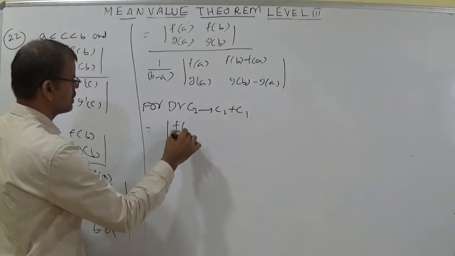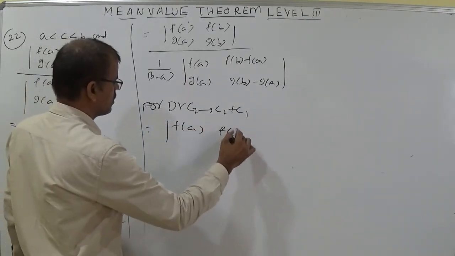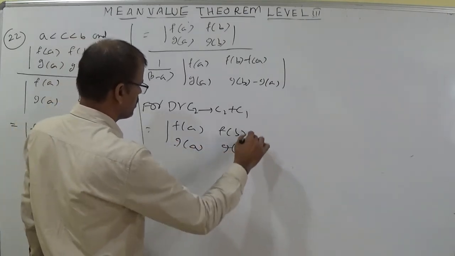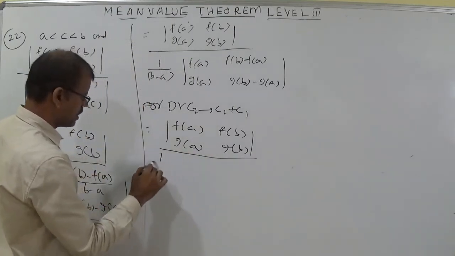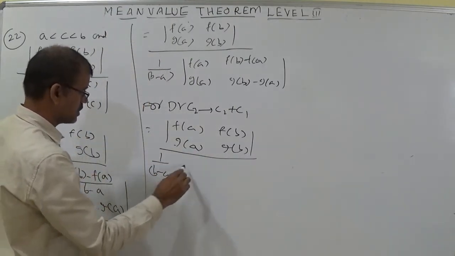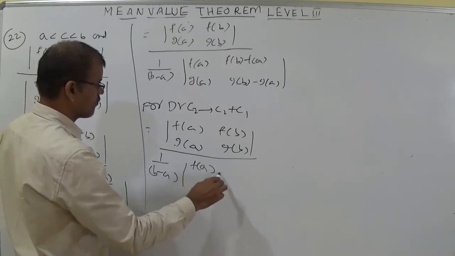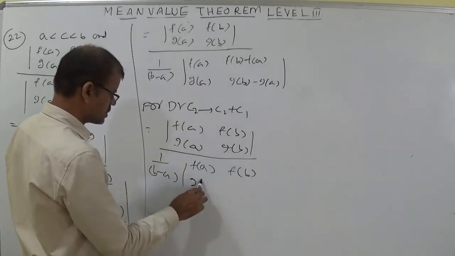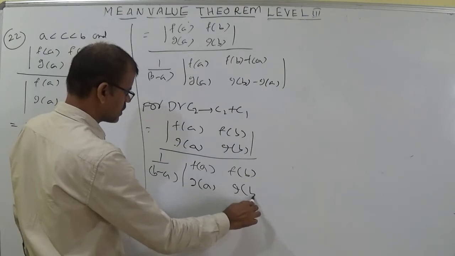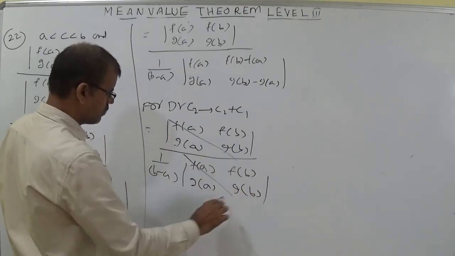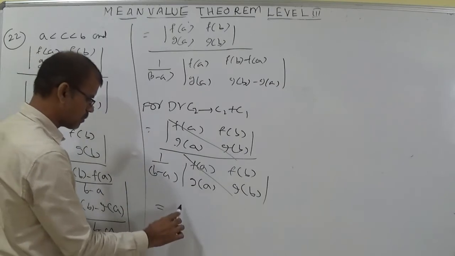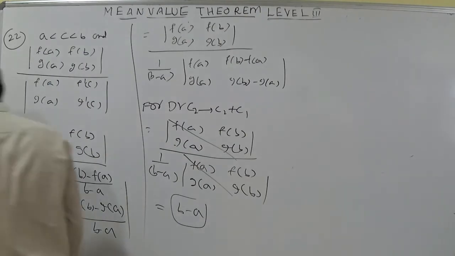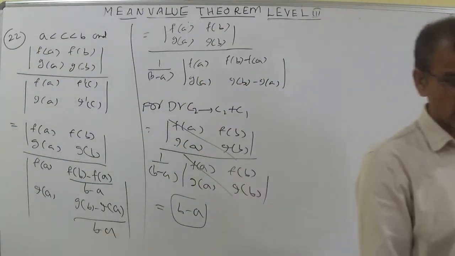Numerator don't change, simply leave it: f of a, f of b, g of a, g of b, and by 1 by b minus a, 1 by b minus a, here f of a, f of a, now C2 plus C1 becomes f of b, here g of a, and this becomes g of b. The determinant value will get cancelled, this b minus a is taken up, then you can say the value is b minus a. So the 22nd question in level 3 is the third option.